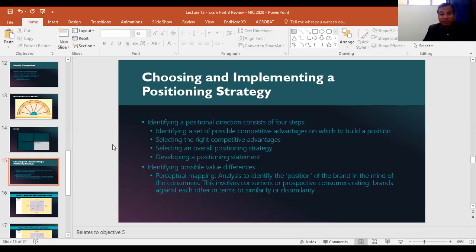One way we have seen in the class, we had a discussion on perceptual mapping. Remember, for your firm and for your competitor firms, as a marketer, we were trying to bring 2 or 3 attributes, service attributes or product attributes, and then we were trying to position your offering in the market and your competitor's offering. That we have covered in perceptual mapping. We have done it in the class, so you can bring the discussion around this one.